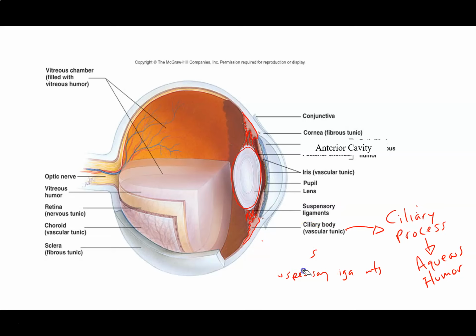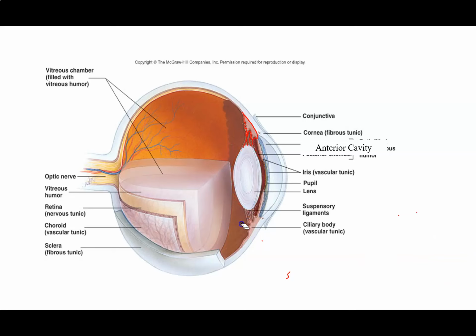The last structure that is part of the vascular tunic is the iris. The iris, you might remember from the previous video, is the colored part of the eye.